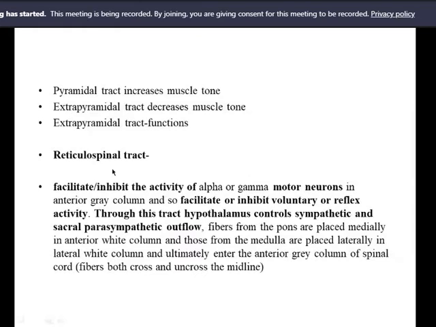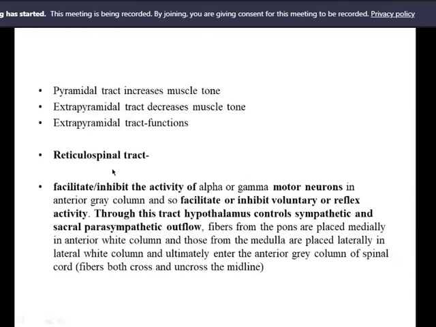So in pain we cannot sleep. When we are stressed, some psychological stress during examination, we cannot sleep because the reticular formation does not become cool. So it is stimulated, so we cannot sleep.